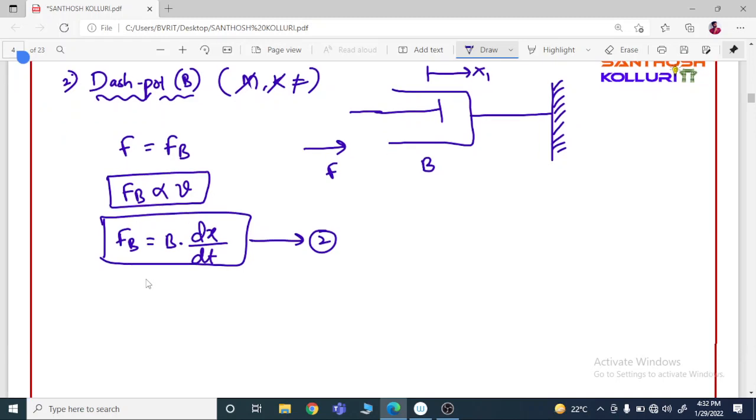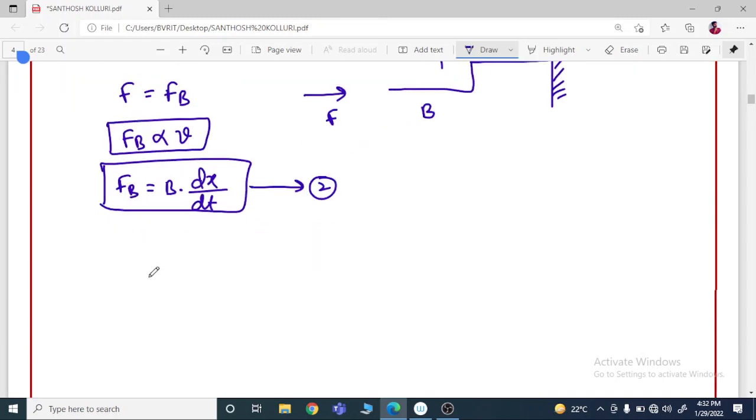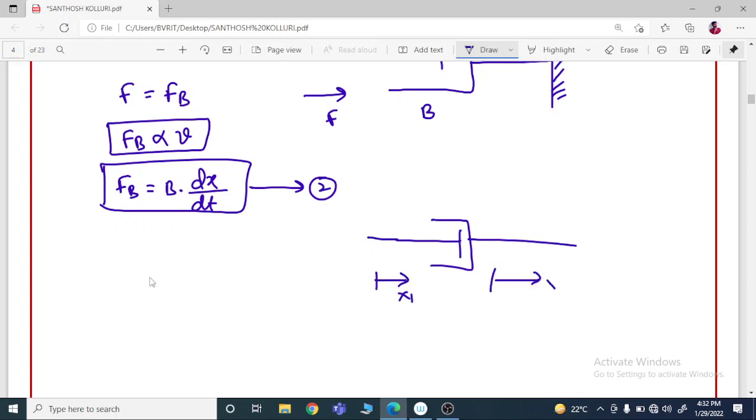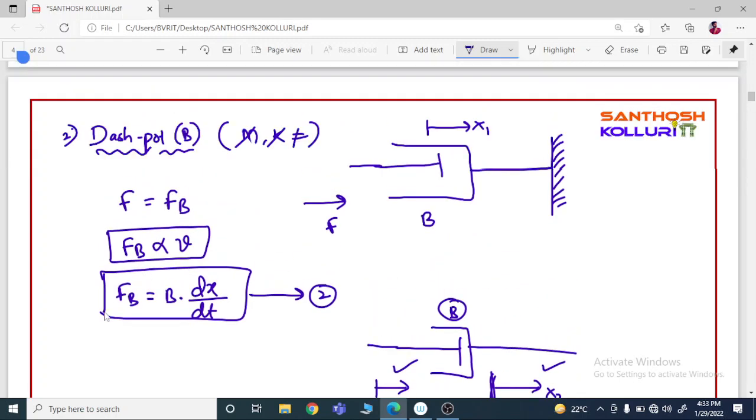So the force opposed by the dashpot can be written as F of b is equal to b into dx by dt. When solving problems, we may experience this type of scenario: one side of the dashpot has one displacement x1, and the other side has another displacement x2. If it has only one displacement, as in the above case, F of b is equal to b into dx by dt.